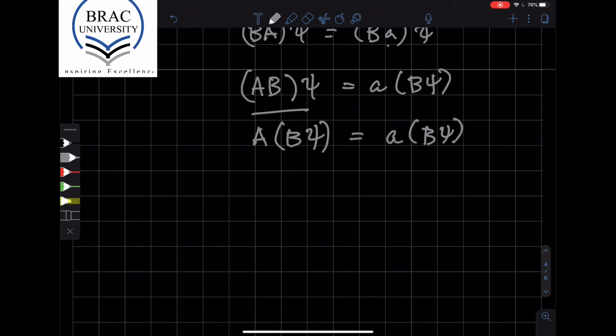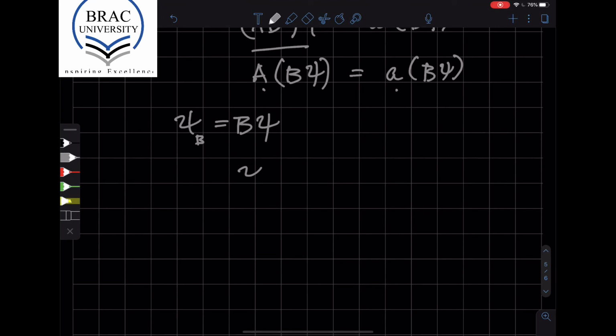And thus we see that the state B of psi, which we can call, say, psi b, is also an eigenstate of A with the eigenvalue small a. But we assume that a is a non-degenerate eigenvalue. That means that there's only one linearly independent eigenfunction corresponding to this eigenvalue. So that means that psi b, which is equal to B times psi, must be proportional to psi.